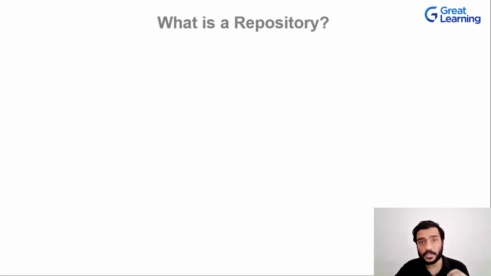Now, what is a repository? So when we're talking about storing our code on GitHub, we are talking about storing our code on repositories on GitHub. Why do we have repositories and why can't we directly store it? Well, you are storing directly. It's just that you're dividing it up in different classifications. Like how you would have different folders for different projects, right?